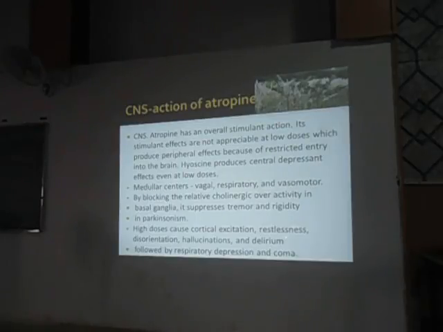In organophosphorus poisoning, the atropine is given continuously. It is a complete 100 ml bottle, where we give 2 milligram or 2 ml of atropine every 10 minutes till the signs of atropinization are there.